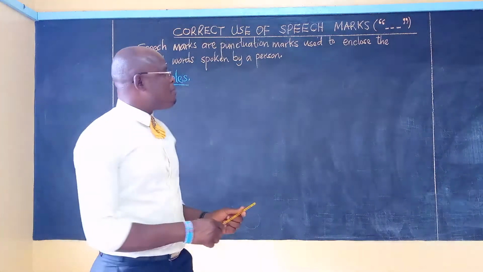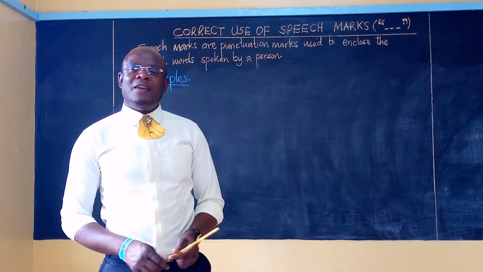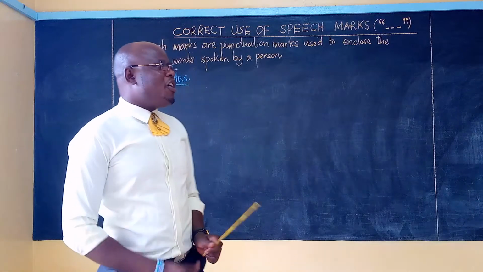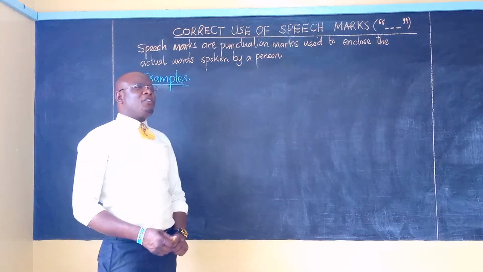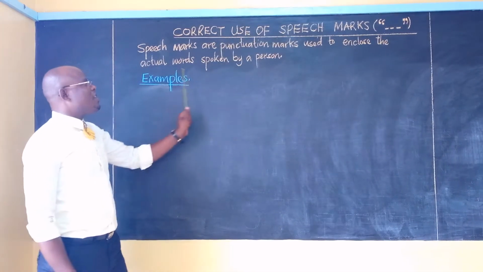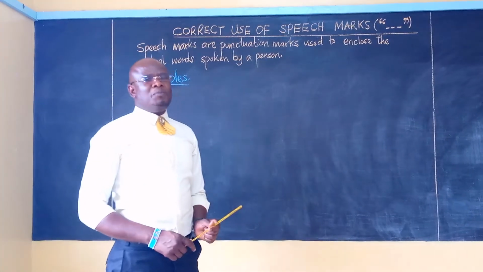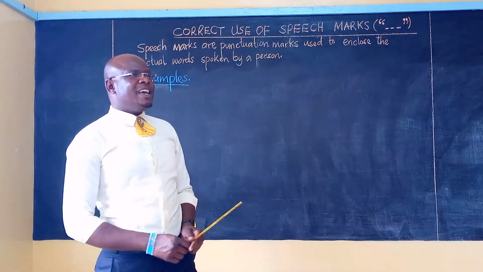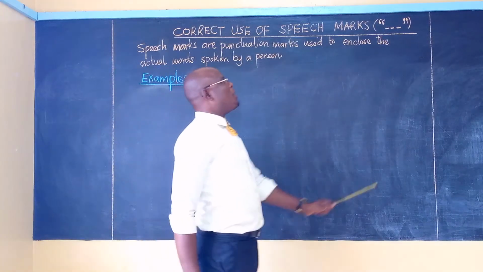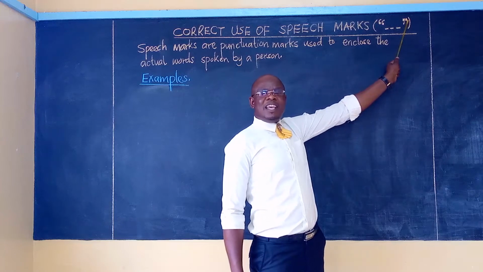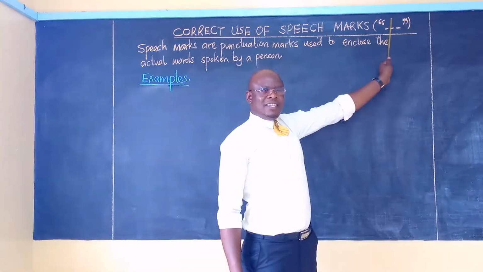And today I have prepared for you a very important segment of grammar on the use of punctuation marks with regards to speech marks. So I want us to look at the correct use of speech marks in a sentence. And like you all know, the symbol of speech marks looks like what you can see enclosed in the brackets.